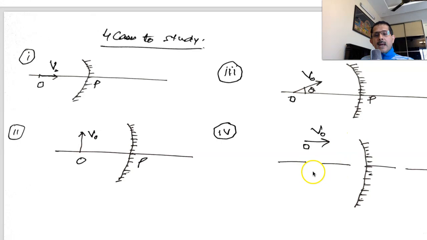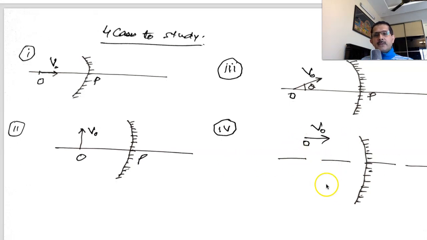And then the fourth case which we will be studying is when we are traveling towards the mirror or lens with some velocity parallel to the principal axis. Remember, it is not on the principal axis, it is parallel to the principal axis. So we will study these 4 cases. Let's quickly cover each of these one by one.